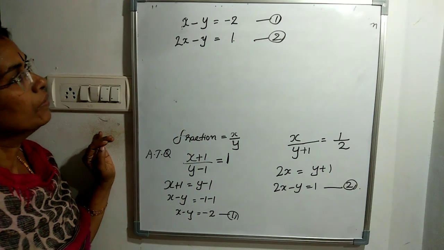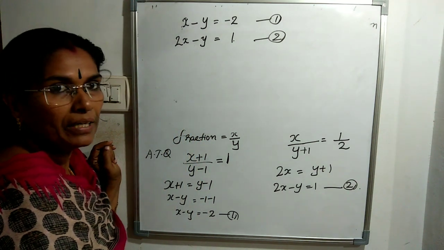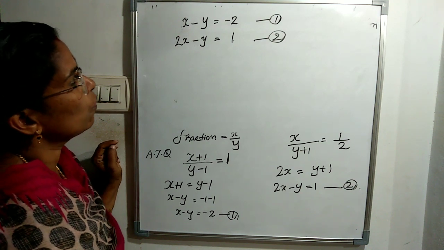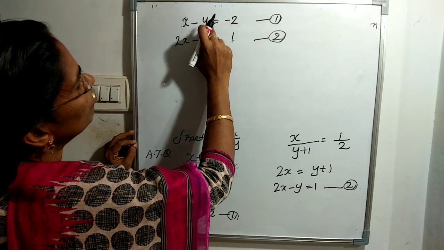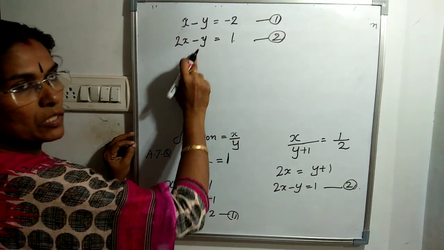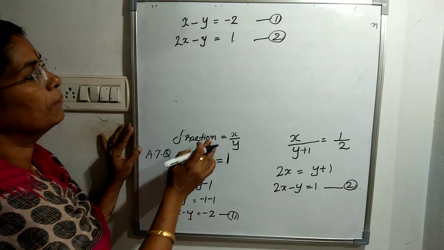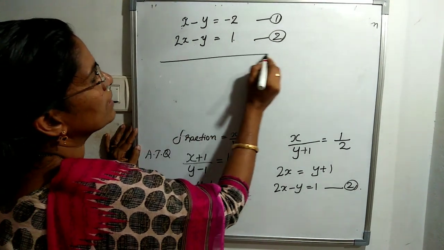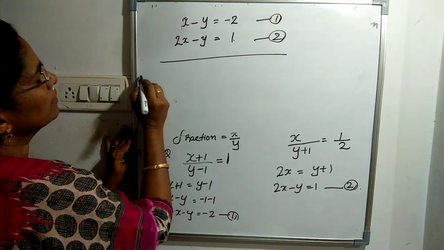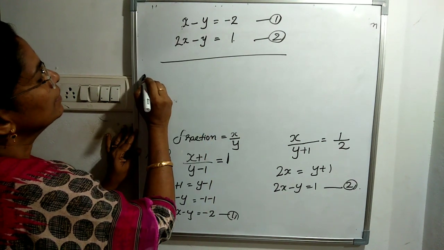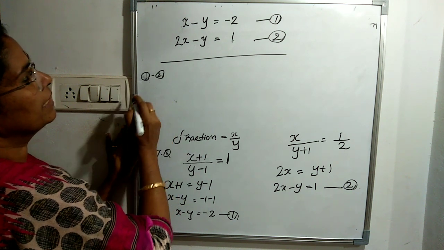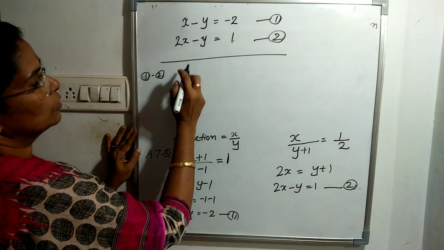Here we have to make the coefficient of one variable the same by multiplying with a non-zero constant. Look here, the coefficient of y is minus 1. Here also minus 1. Already it is the same. No need to multiply. So our next step is to subtract the equations. We take 1 minus 2: x minus 2x, so minus x.